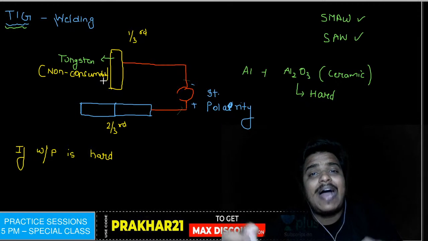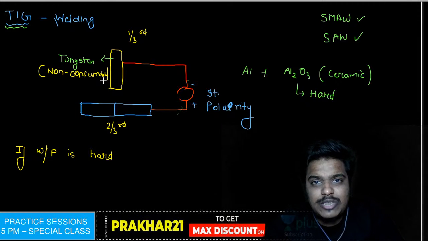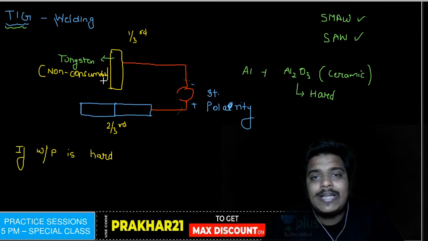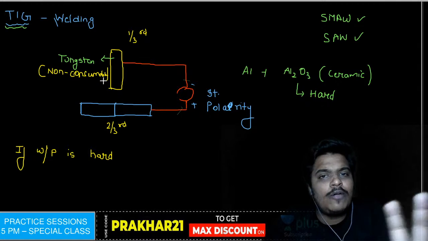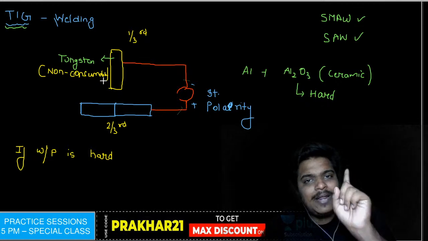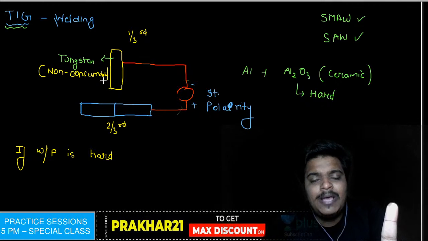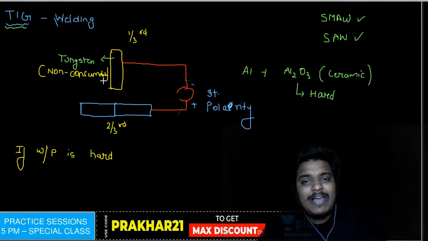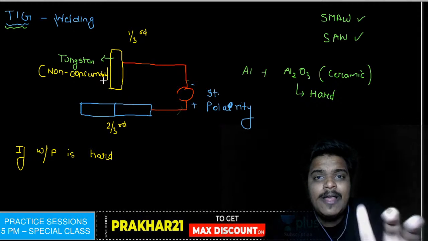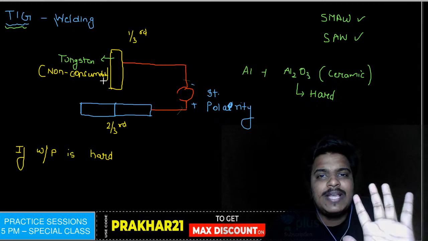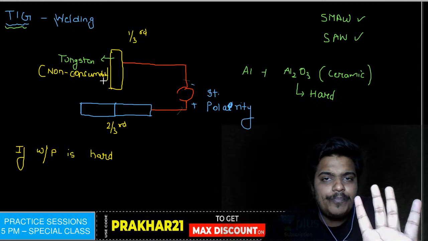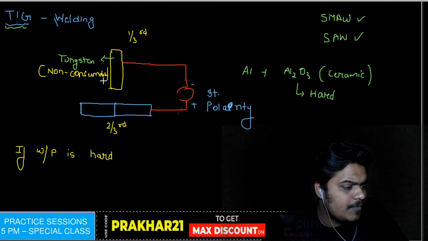At the anode we have high heat consumption, and we don't want our electrode to melt because of high heat. That is why we are making the electrode of tungsten. So the melting of the electrode is stopped using tungsten, and my workpiece is also welded because the layer of Al2O3 is removed. Yes or no?